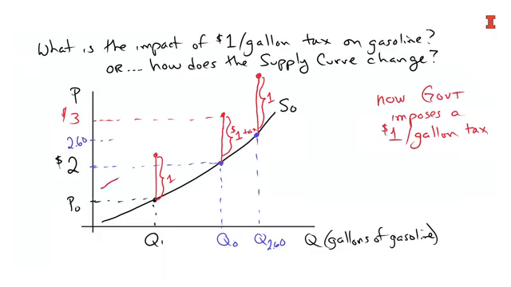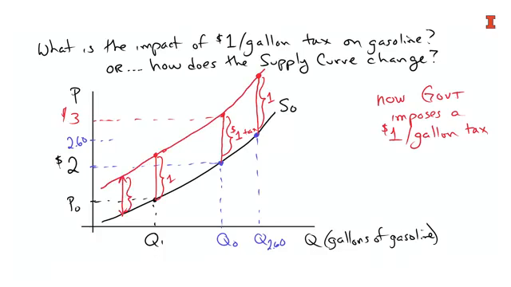So what they would have supplied to you yesterday, they're not going to do at the same price because costs are higher. Or if you want them to give the same amount, you're going to have to raise price by $1. And so to an economist, this excise tax will shift this supply curve up essentially vertically.